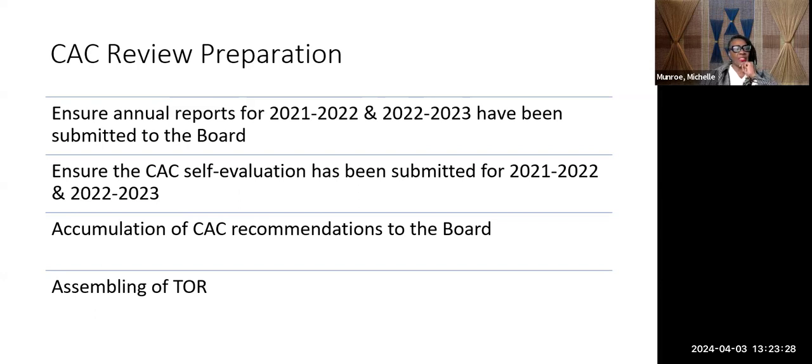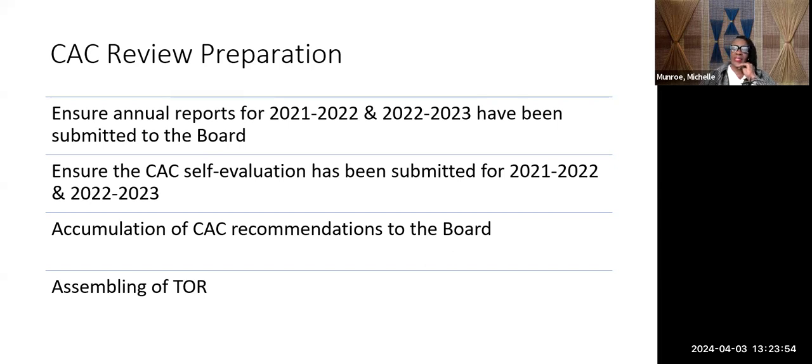One of the key questions that has been put to me has been around, Michelle, how within your template will you ensure that if CACs want to offer some additional information that may not reflect a reporting out to the board, but reflects implications of the work that they have done within this time frame, will that be possible?